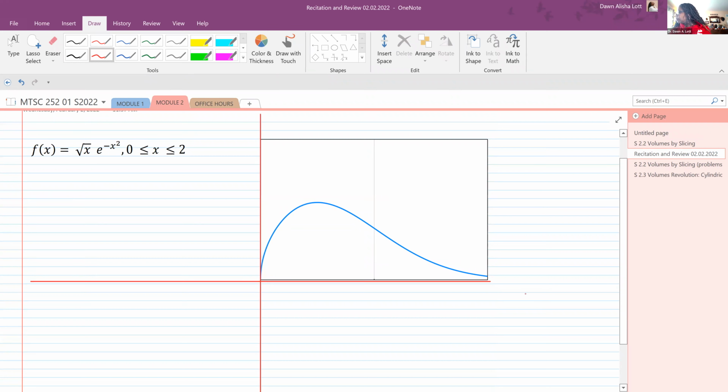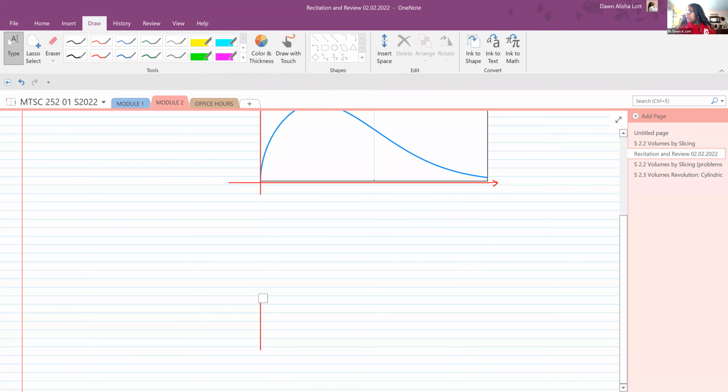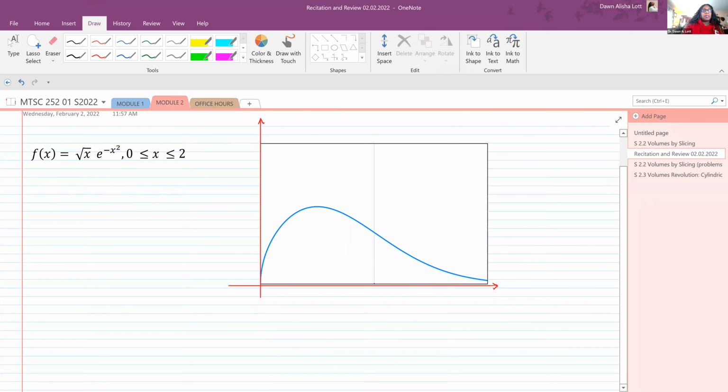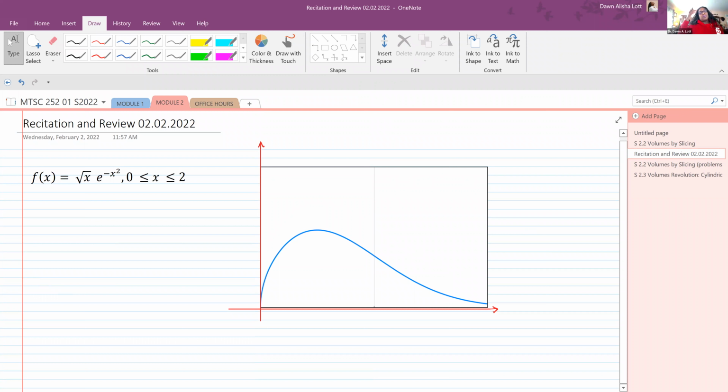Okay, that's good enough. So this is the X and Y axis here. And the region that I have graphed is f of x equals the square root of x times e to the minus x squared. So this is the region.